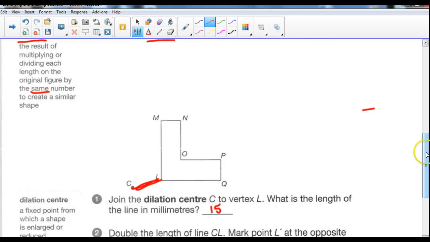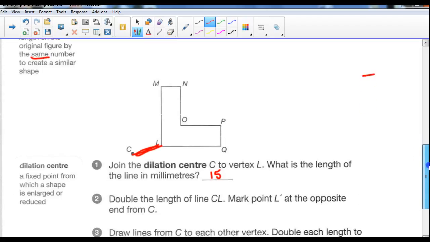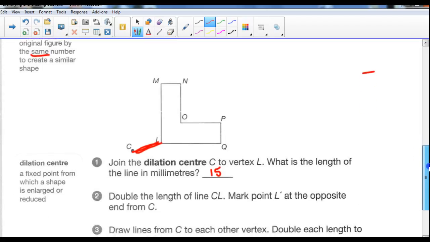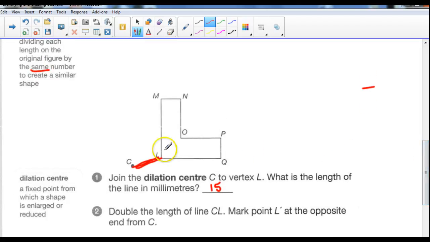So we're going to double everything. Double the length of line CL and mark point L prime at the opposite end. So we're going to go 30 millimeters away from C, right about here. That point right there, that's L prime.